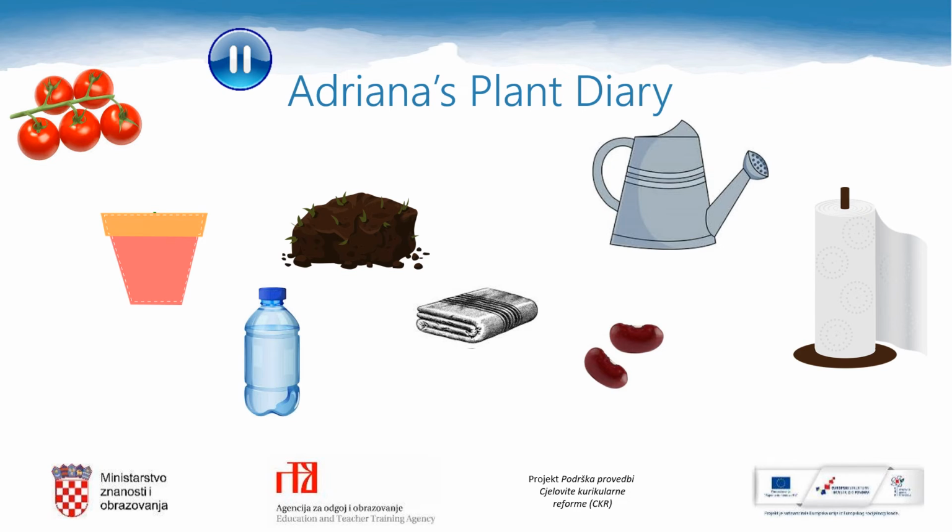And now just listen and repeat. A pot. Next one. Soil. Great. A watering jug. Excellent. A paper towel.